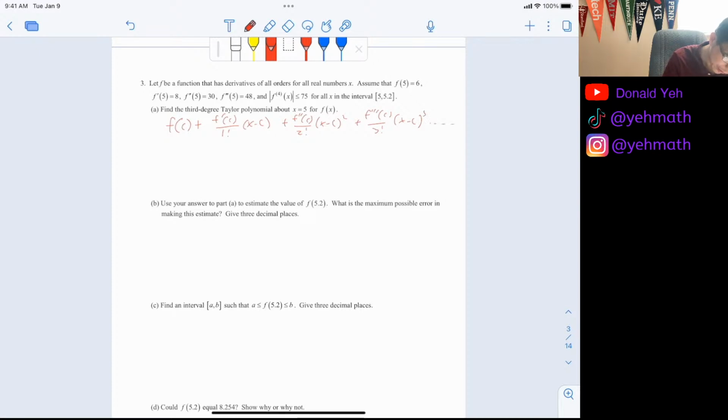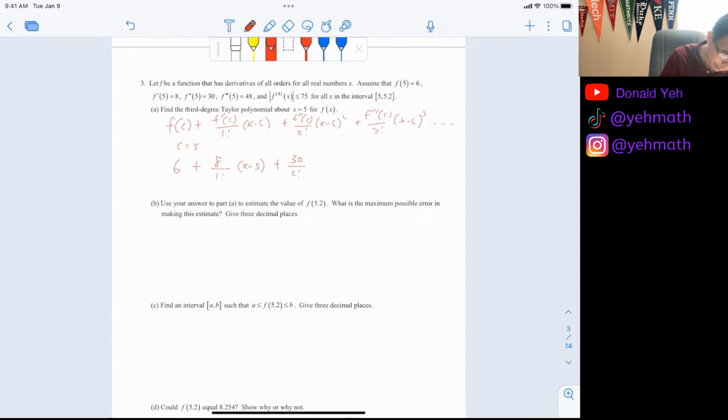Then we're just going to write down f of 5, because c is equal to 5. So that's going to be 6. Plus 8 over 1 factorial times x minus 5, plus f double prime, which is 30 over 2 factorial.